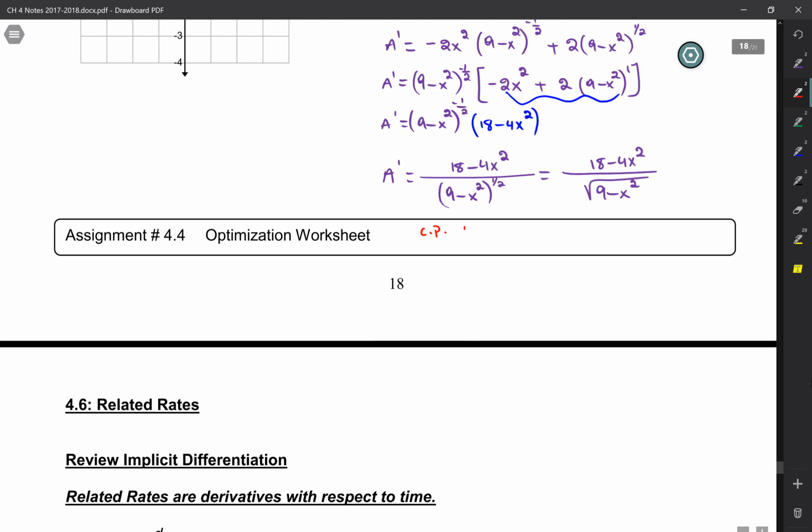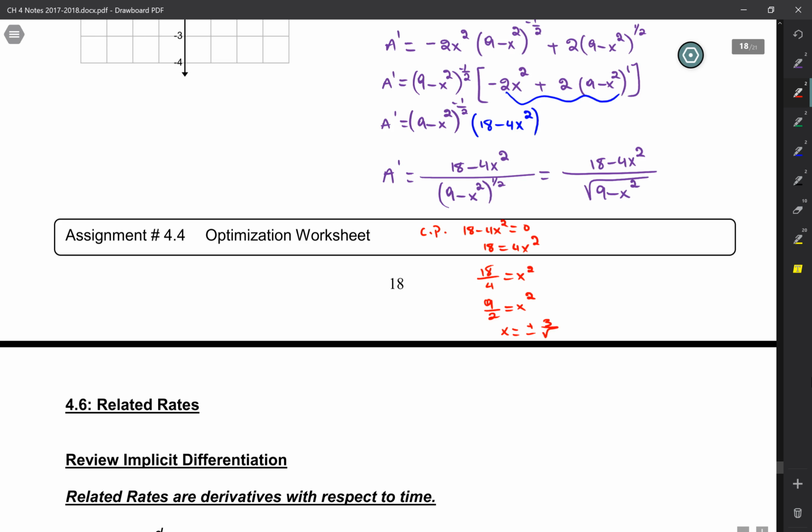Okay, so this is going to be 18 minus 4x squared is equal to 0. 18 equals 4x squared. 18 over 4 equals x squared. So 9 over 2 equals x squared. That means x is technically plus or minus root 9 over 2, which is 3 over root 2.